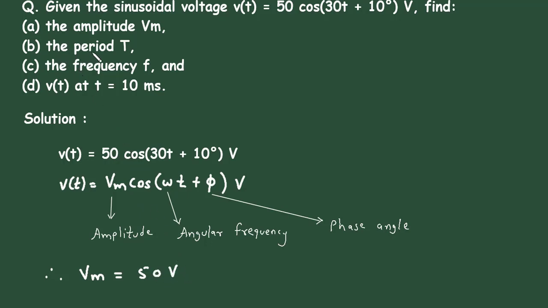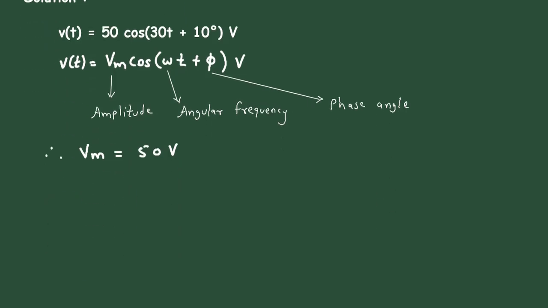Then here we have to find the time period. Now we know that time period is equal to 1 upon f. We know that omega is equal to 2 pi f. This omega is the angular frequency and it is equal to 2 pi f radian per second.